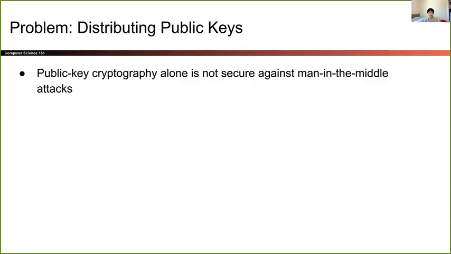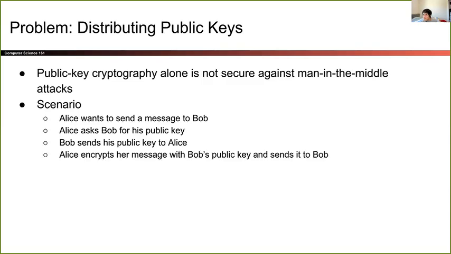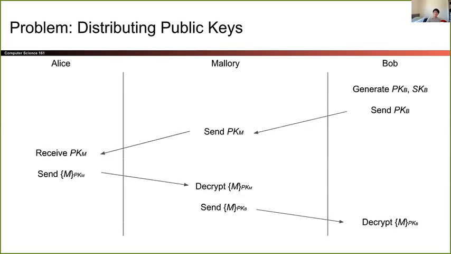I think we duplicated this slide. Oops. This is a diagram of what that looks like. Bob generates his public key and private key here. He's sending the public key, but Mallory's intercepting that, so it is blocked off. Mallory instead sends her public key, which Alice receives.